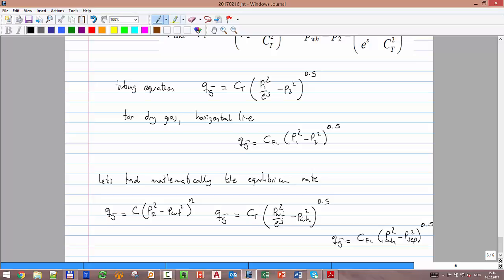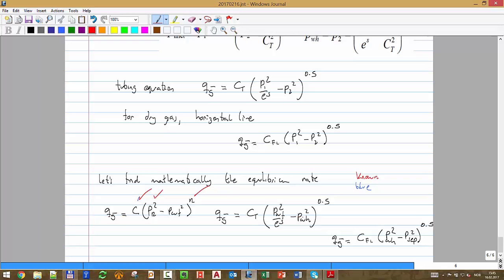So let's see how many knowns and how many unknowns. The knowns are in red, and the unknowns are in blue. So let's see. C, I have it, so it should be in red. N, I have it. Let's assume I have made a test and I know how my system operates.